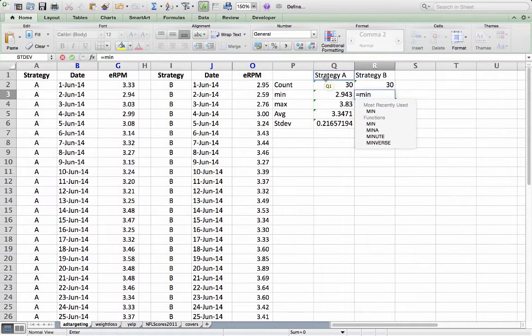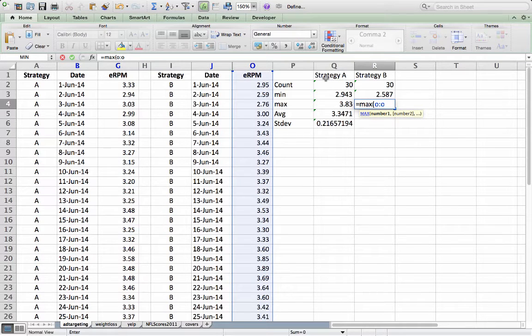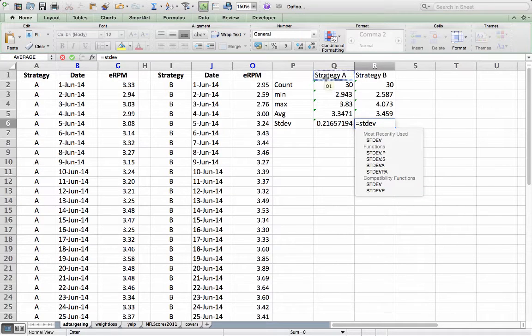So the min of O colon O, the max of O colon O, the average of O colon O, and the standard deviation of O colon O.